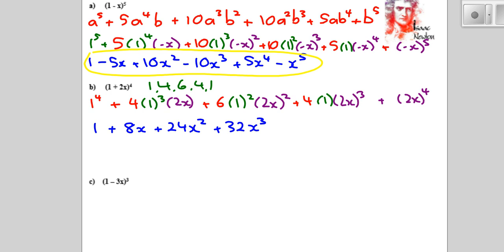I'll show you a common error. That's a common mistake that has been made there. It should be 16x to the 4. The person just did 2 times 4. It should be 2 to the power of 4. 16x to the 4. Then have a look and think, power of 4, have I got 5 terms? Yes, I have. In this case, powers of x were going up, that's good. So little things that you can look at afterwards.